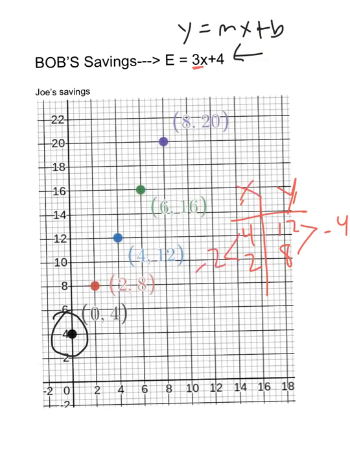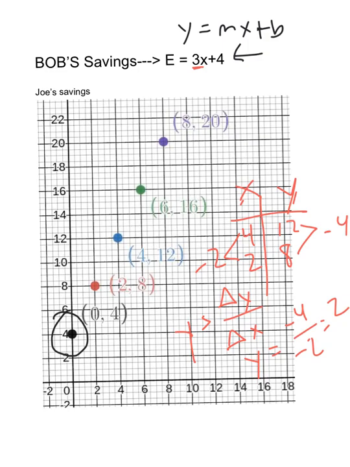Remember that slope or rate of change is equal to the change in y over the change in x, and we've already done that with our table. The change in y is minus 4. The change in x is minus 2. So the rate of change for Joe is 2. In other words, Joe is saving $2 a week.